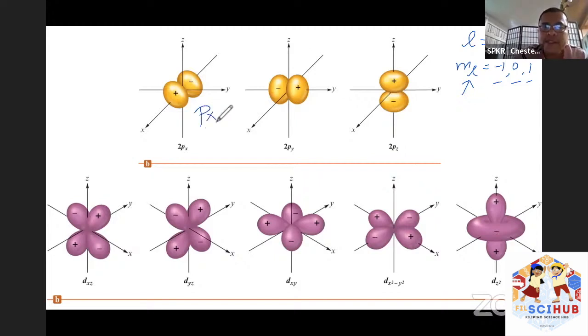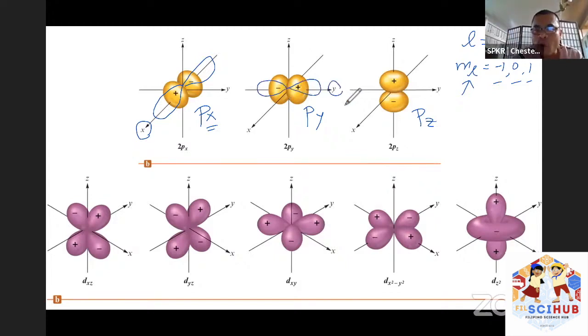So tatlong uri ang p orbital. So you have the px, py, and the pz. Ano naman ang ibig sabihin nito? Pag sinabi mong px, yung lobes are actually oriented on the x-axis. Pag sinabi mong py, the lobes are actually oriented on the y-axis. Tapos, yung pz, the lobes are actually oriented on the z-axis.